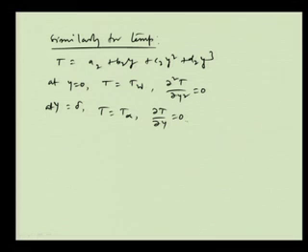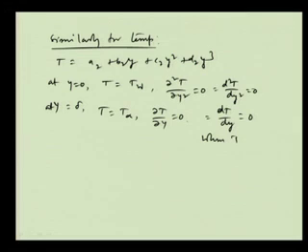Now, if we assume T is only a function of y, we can write d 2 T by d y square equal to 0, and d T by d y equal to 0, when T is a function of y only. Okay.